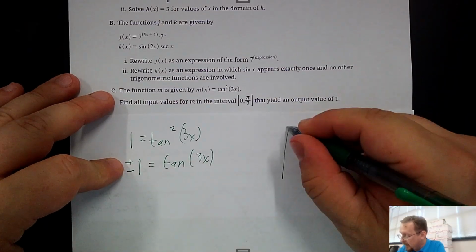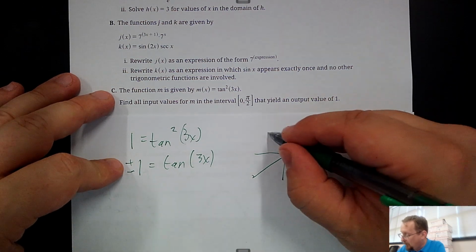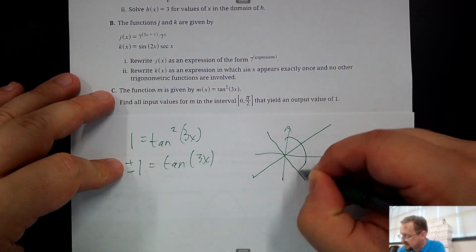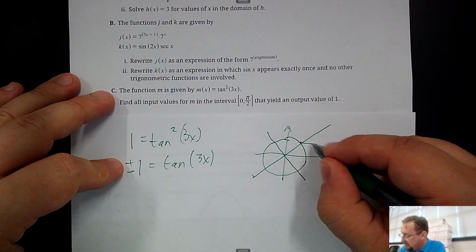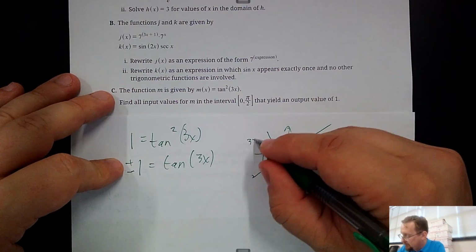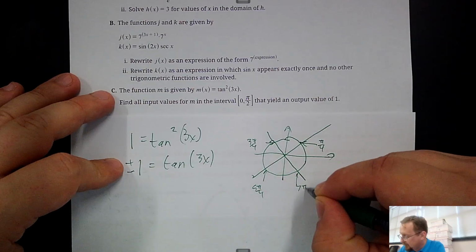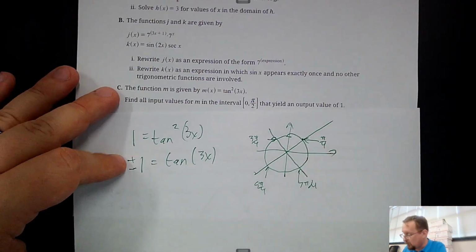So then I'm going to ask what gives you a slope on the unit circle. Remember, that's what tangent is, it's the slope. So that's going to be pi over 4, and then 3 pi over 4, 5 pi over 4, and 7 pi over 4, which all give you a slope of 1 or negative 1.